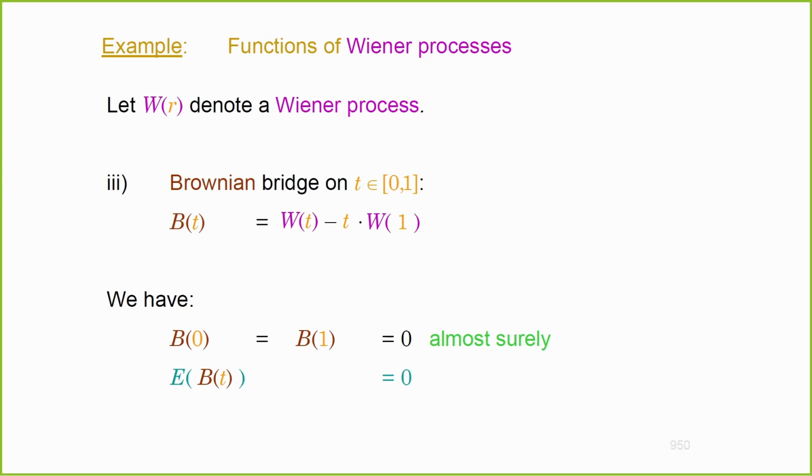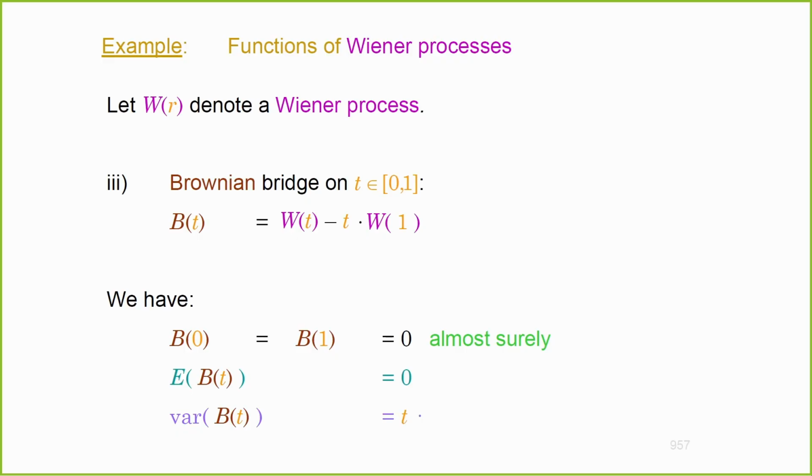And as your exercise, I ask you to calculate the variance of the Brownian bridge. The variance of the Brownian bridge is the variance of this expression. However, keep in mind that the variance of a difference is not the difference of the variances. You would need to look at the expectation of the square of this expression and then work it down, which I didn't do in this case.